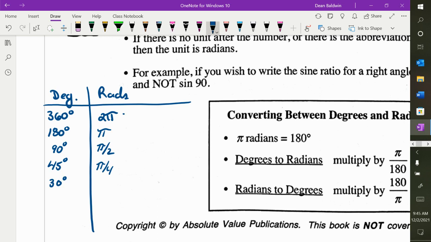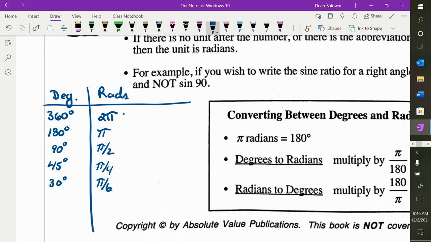What's 30 degrees? Pi over 6. Ask yourself, how many 30-degree angles are there in 180? 6, right? 6 times 30 is 180.